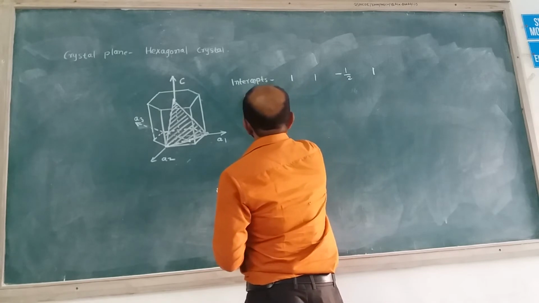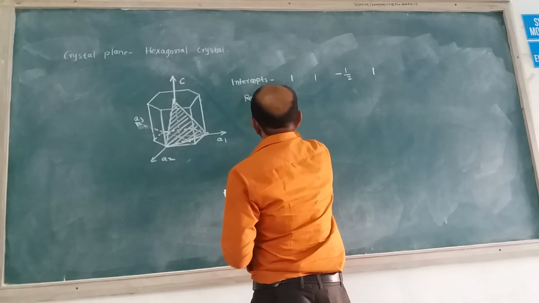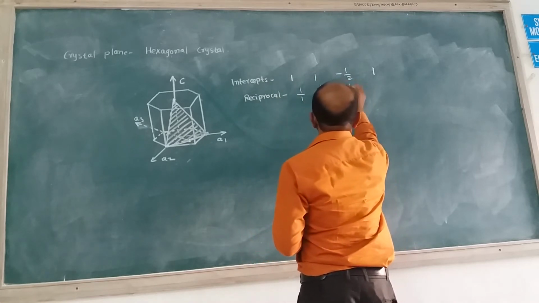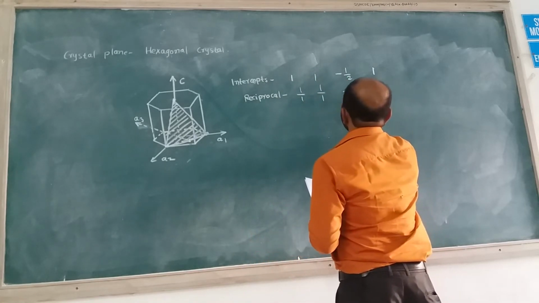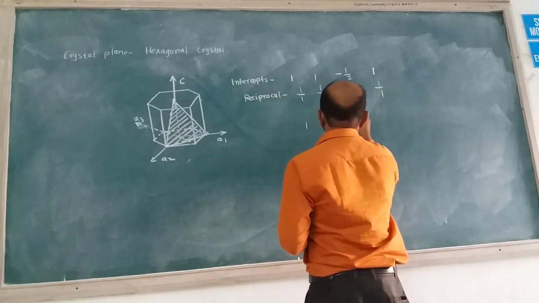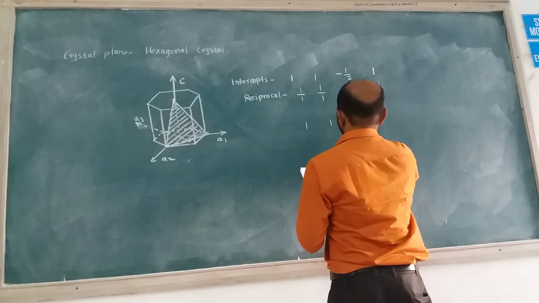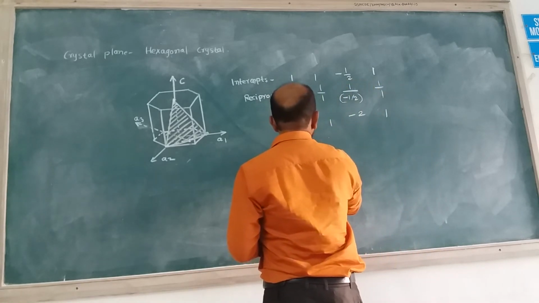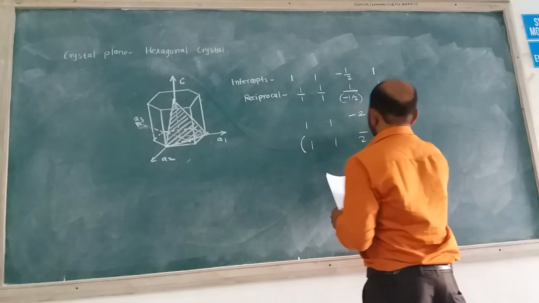Taking the reciprocal: 1 upon 1, 1 upon 1, 1 upon minus 1/2, 1 upon 1. We solve, then 1, 1, minus 2, 1. Putting this in parentheses, (1, 1, 2 bar, 1).